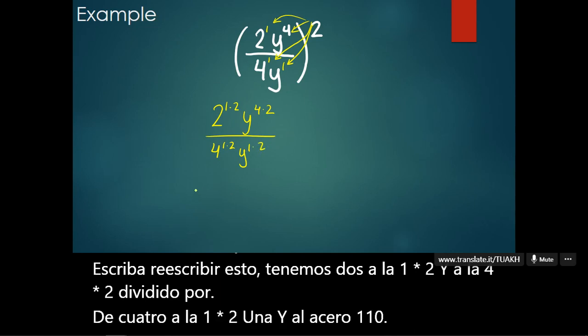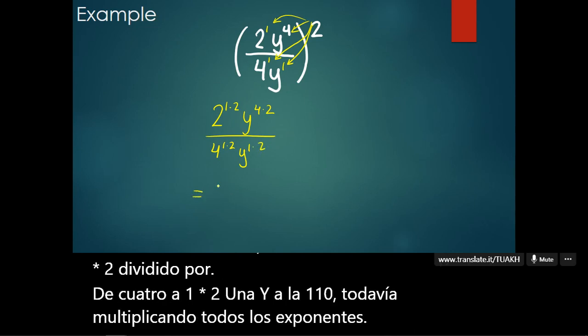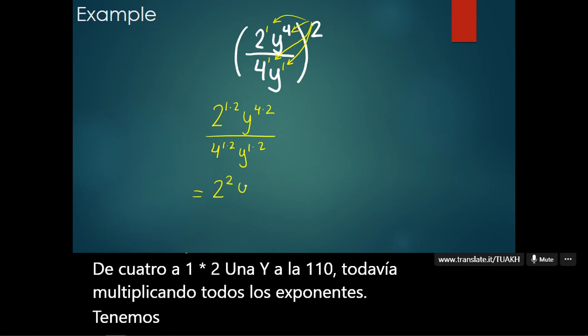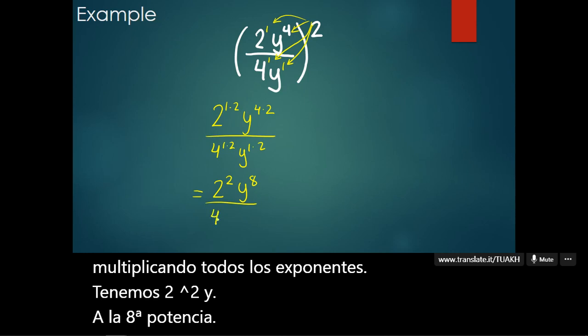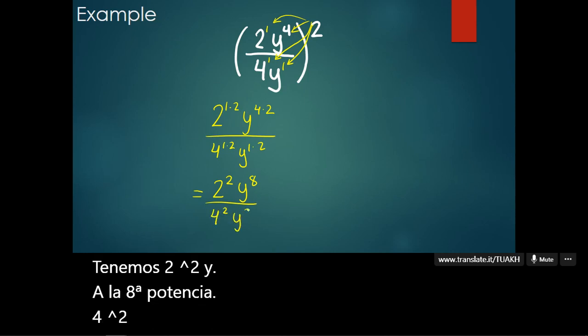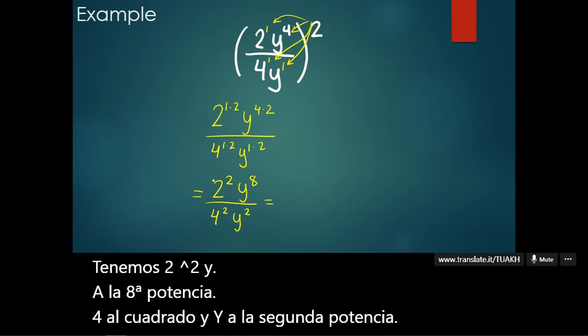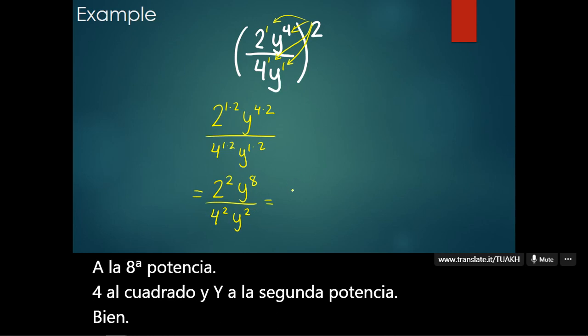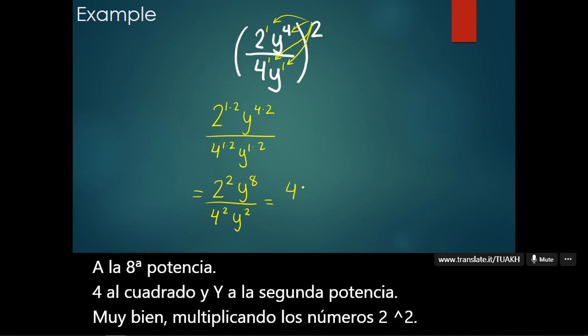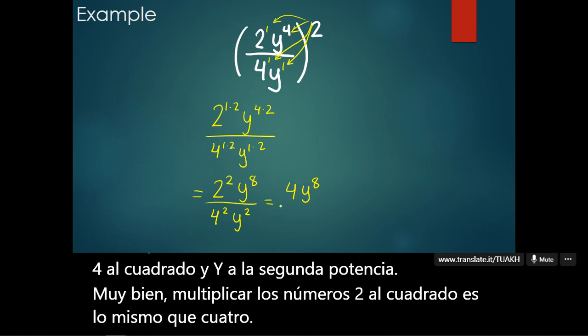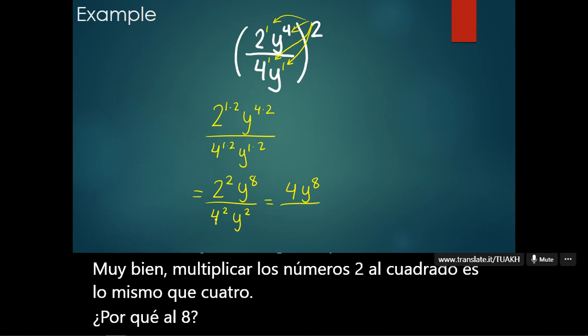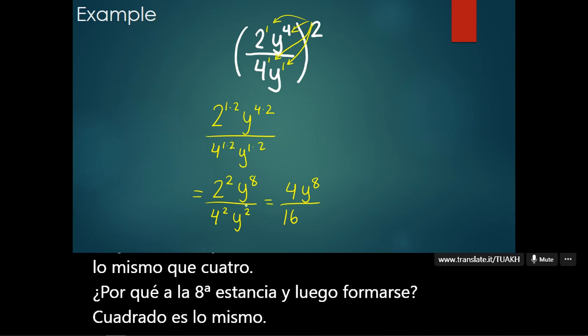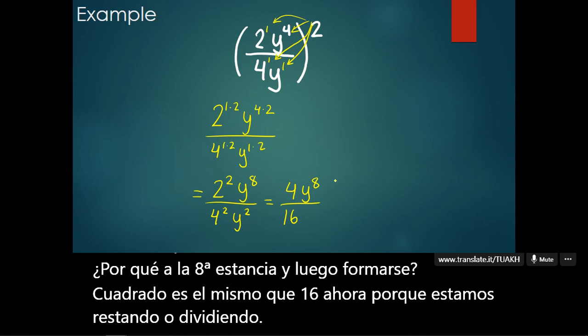Multiplying all the exponents, we have 2 squared, y to the 8th power, 4 squared, and y to the 2nd power. All right, multiplying out the numbers, 2 squared is the same as 4, y to the 8th stays, and then 4 squared is the same as 16. Now, because we are dividing the variables here, we're going to end up subtracting the exponents.